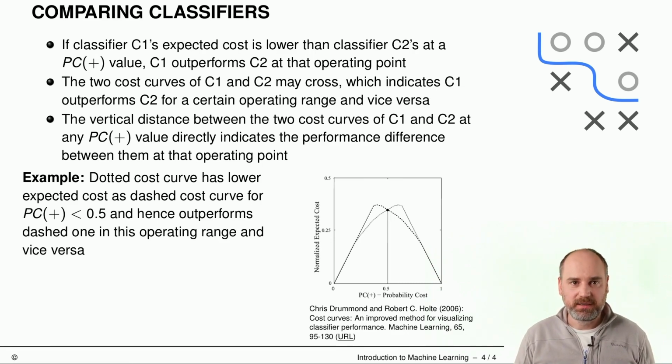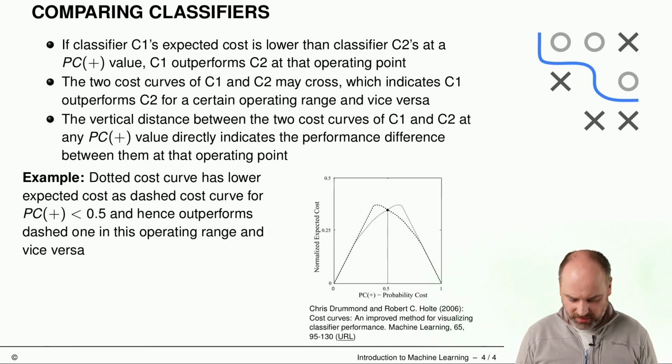Seems pretty clear. If one cost curve is completely below the other, we would say that the associated classifier completely dominates the one that we are comparing to. In general, very often these cost curves might cross, which indicates that our classifier C1 outperforms C2 for a certain operating range, and vice versa.